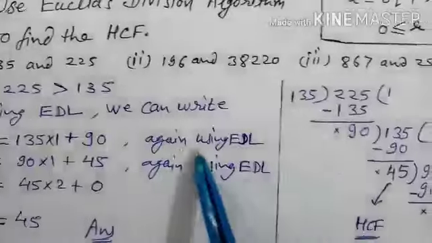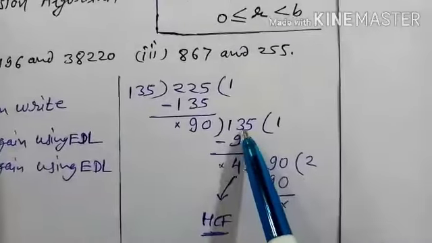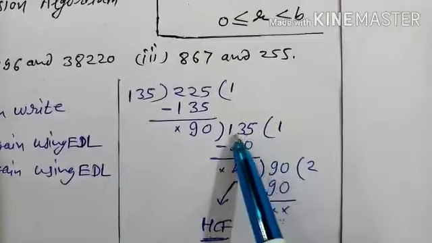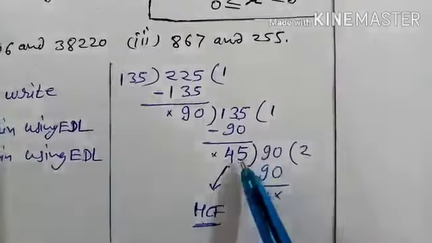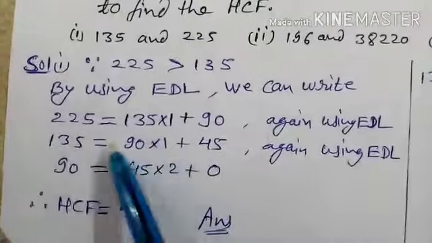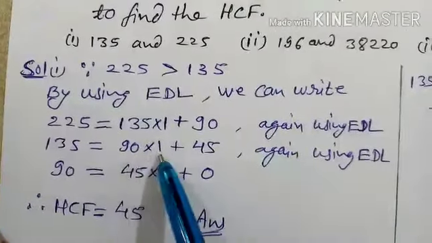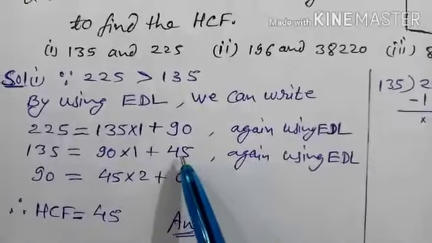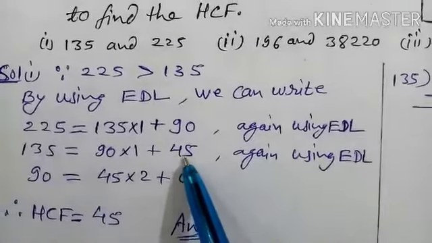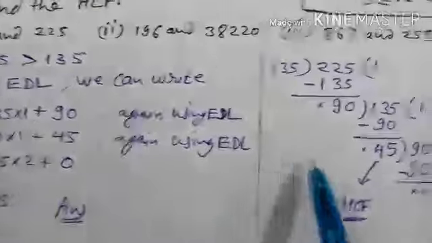Again by using EDL. Now 135 is the dividend, so 135 is equal to 90 into 1 plus 45. Since again the remainder is not equal to 0, we use EDL again.